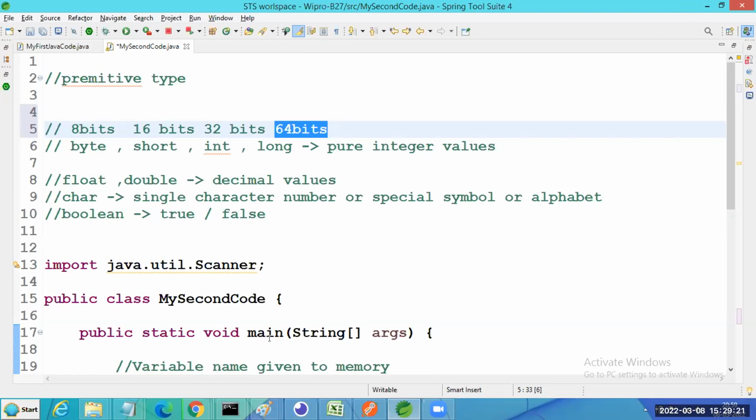Will you purchase? No. Why? We're getting it for 100 rupees. It will be a waste, right? Yes, sir. So here in programming, memory is like money. We have to be very precise about saving the memory.